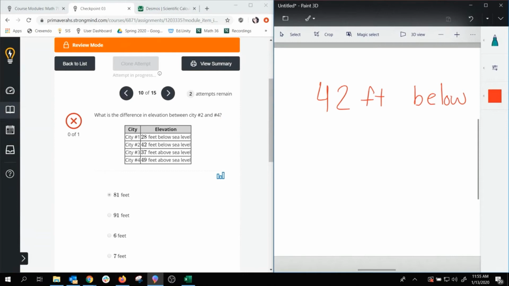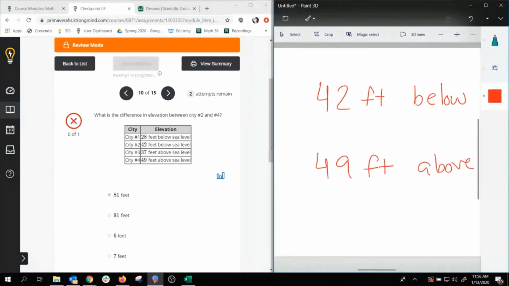And so, Isaac, that's what I did the first time. And I was really confused, and I had to actually ask another teacher as to why the answer was correct. And then they pointed it out to me, and I was like, oh, I'm just a dingus and didn't read the whole problem. City 4 is 49 feet above sea level.